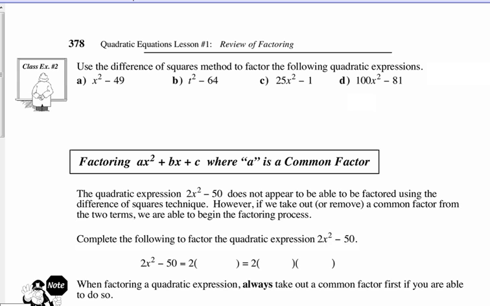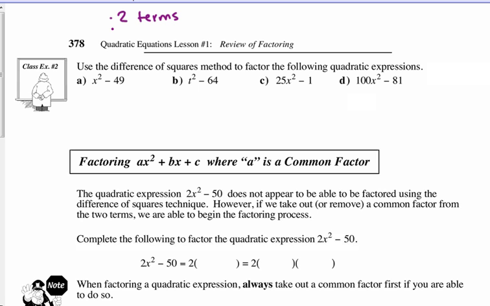Let's practice difference of squares. So let's do this the fast way. So notice, what makes something a difference of squares? Two terms. Why else? What else to make it a difference?